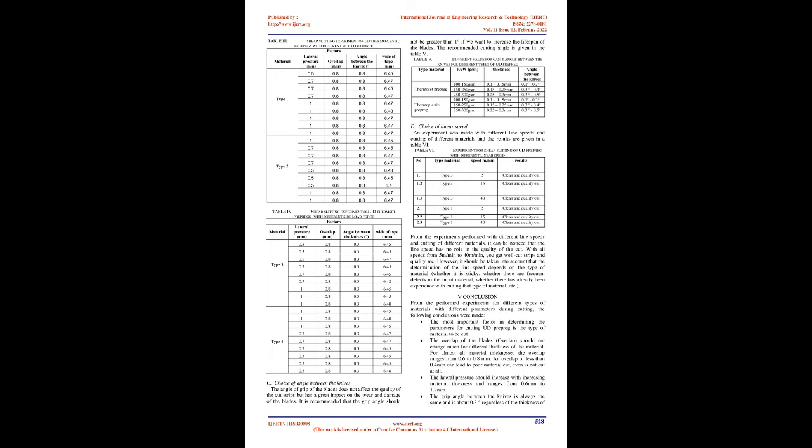As standard parameters for the entire duration of this experiment were taken an angle of 0.3 degrees, overlap between the blades of 0.8 mm and winding tension from 3 to 5 N/cm. This material was cut with lateral pressure of 0.5 mm, 0.7 mm, and 1 mm. The results of the tape width measurements are given in tables 3 and 4.